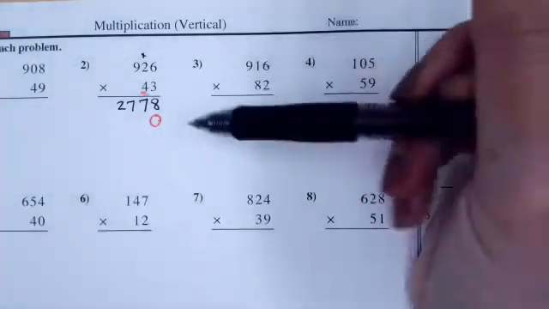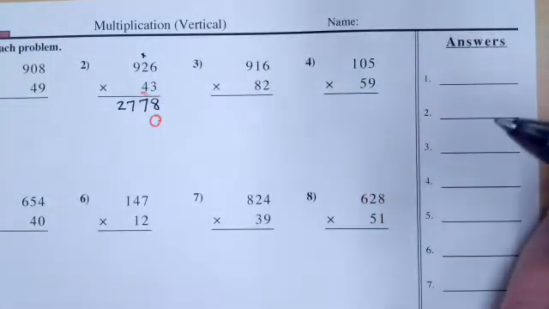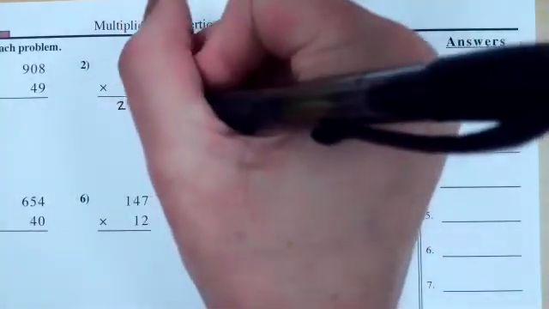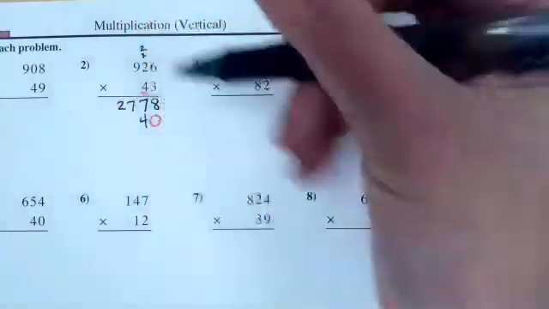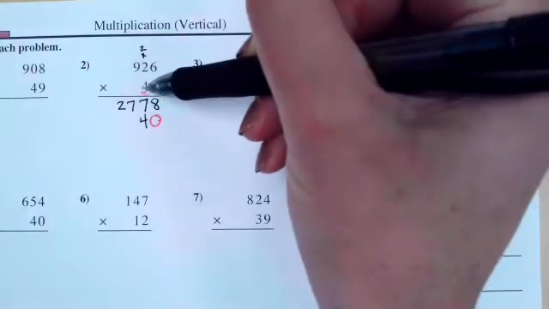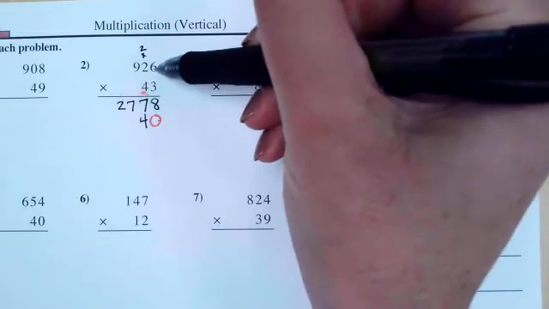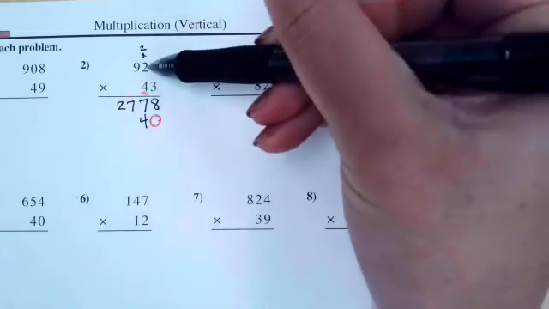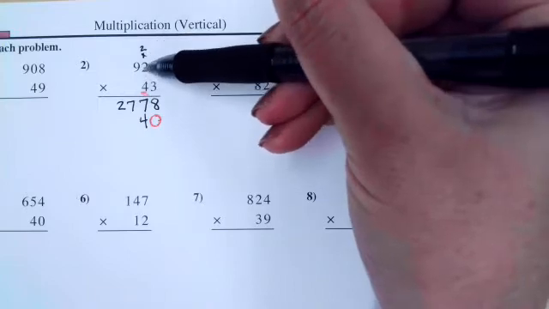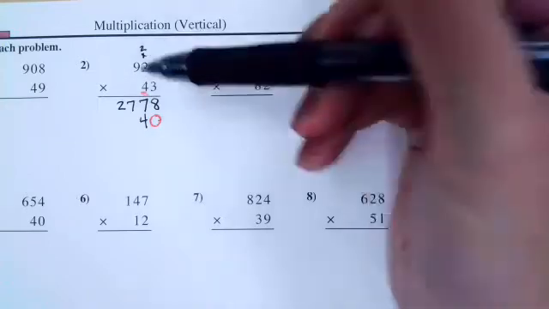All right, so now we do 4 times 6, which is 24. So we put the 2 up here and the 4 down here, 20, 24. All right, now we do 4 times 2. So 4 times 2 is 8 plus the 2 here. So 4 times 2 is 8, 9, 10.